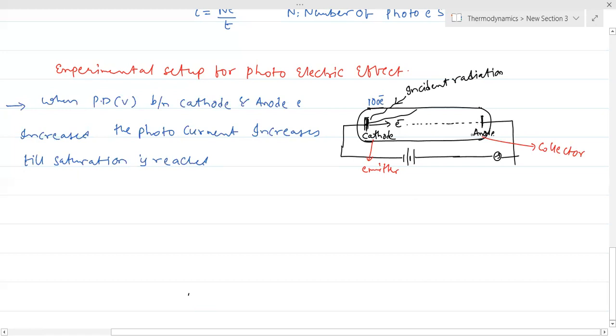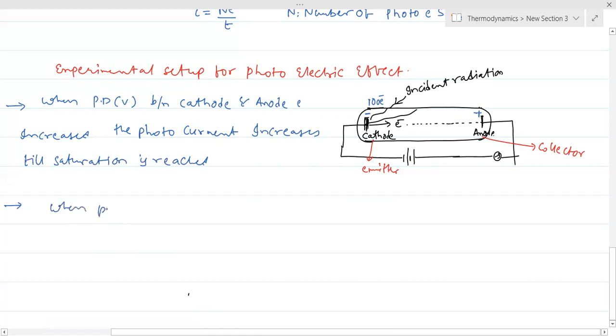As we go on increasing the potential, the photocurrent increases and it may reach saturation. Until now you were providing positive potential to the anode and negative potential to the cathode. Now when you begin to reduce the anode potential and make it negative, let us see what happens.